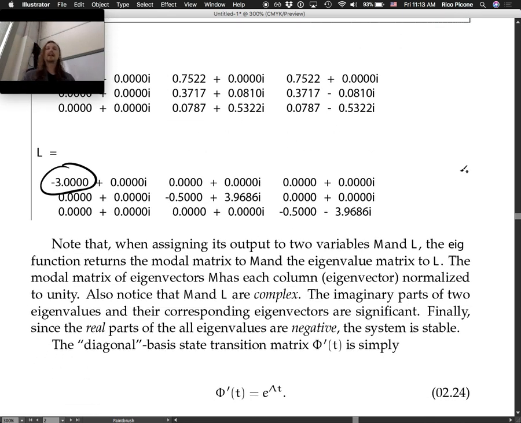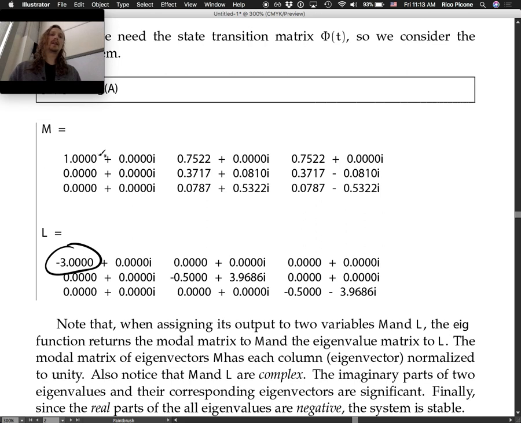Note that when assigning its output to two variables, m and l, the eig function returns the modal matrix and the eigenvalue matrix. The modal matrix of eigenvectors m has each column, or eigenvector, normalized to unity. So notice that these are all unit vectors.